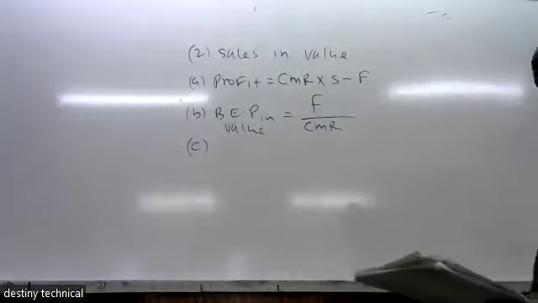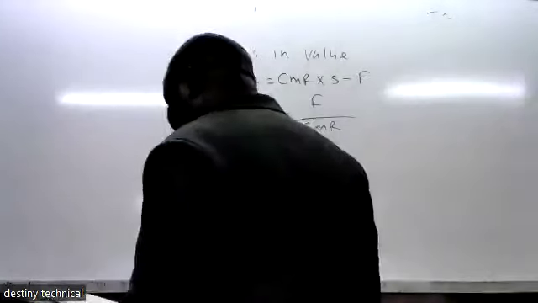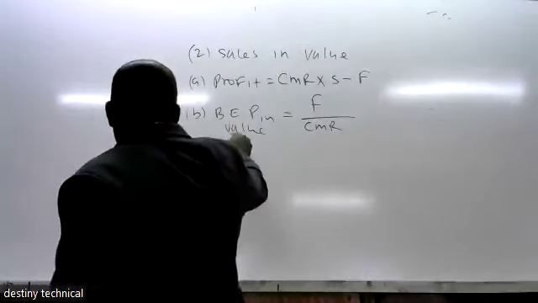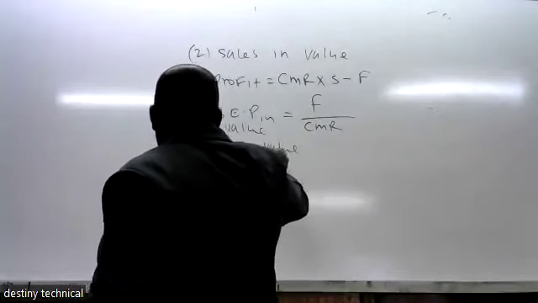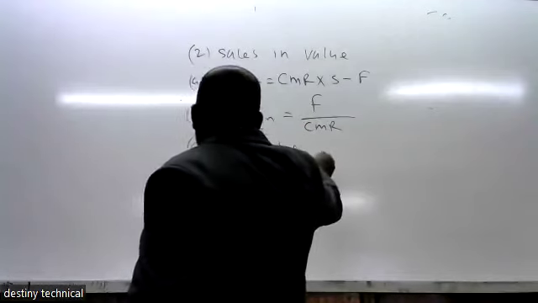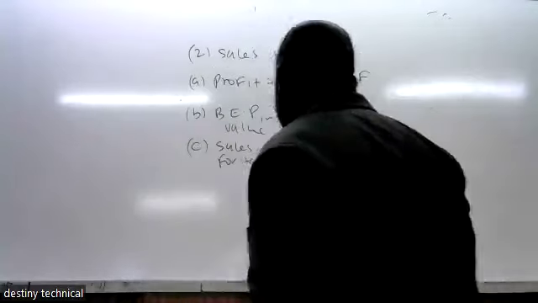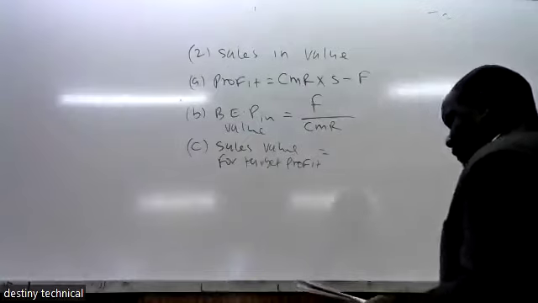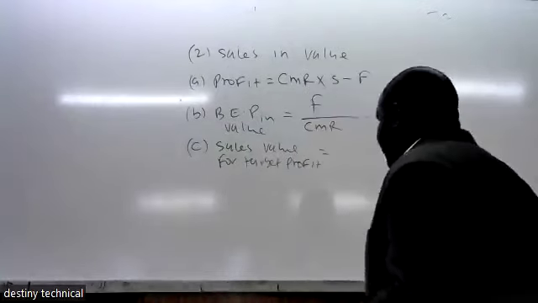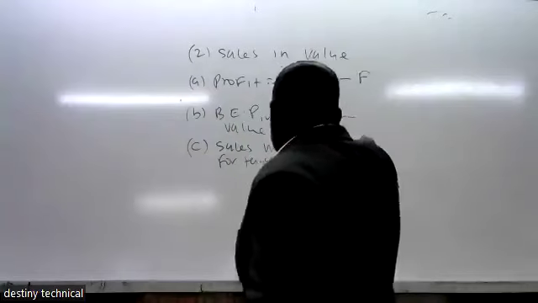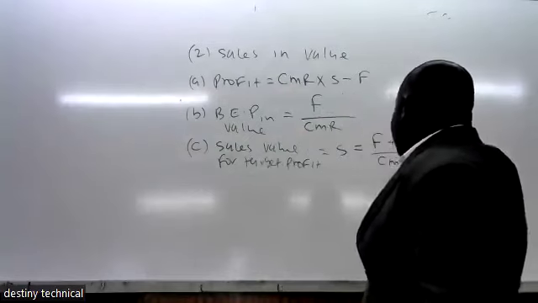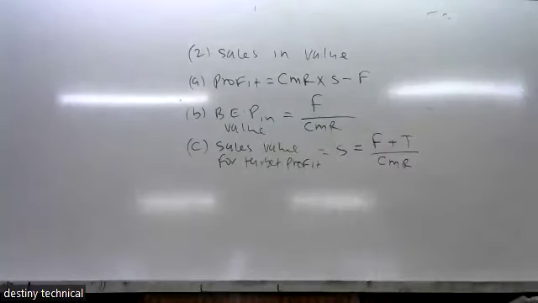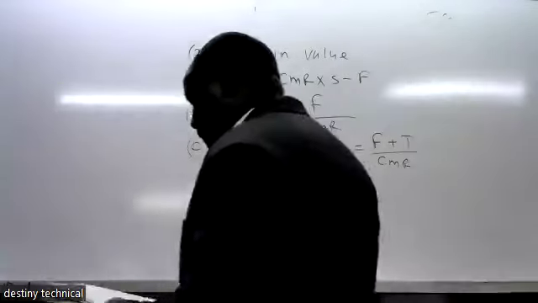Then you can also get the sales value for the target profit. The sales value for the target profit is the same as S. So it is the fixed cost plus the target profit, divided by the contribution margin ratio.